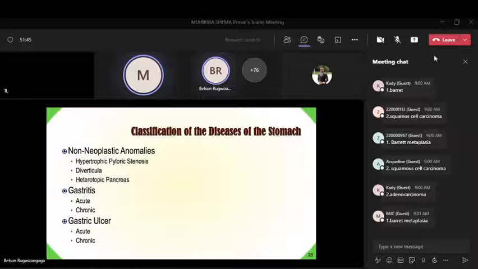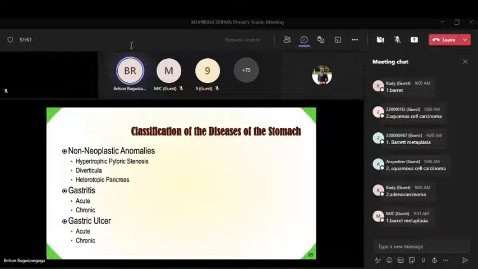In French, we used to call that sign the olive pylorique, because it feels like an olive when you palpate it. There are the diverticula, which I explained, and the heterotopic pancreas. Sometimes we find structures of the pancreas within the gastric wall. I think I have seen only one case in Africa.